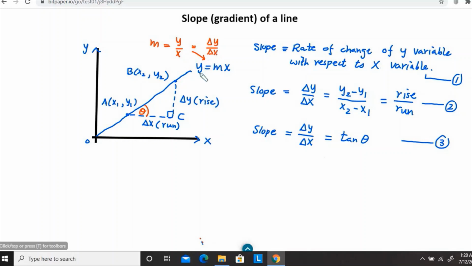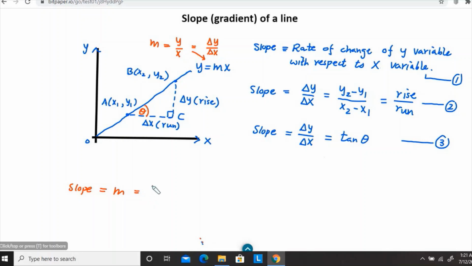So in that sense, this m is what we call the slope. So slope is basically m in a linear equation like y equals mx. M stands for the slope.